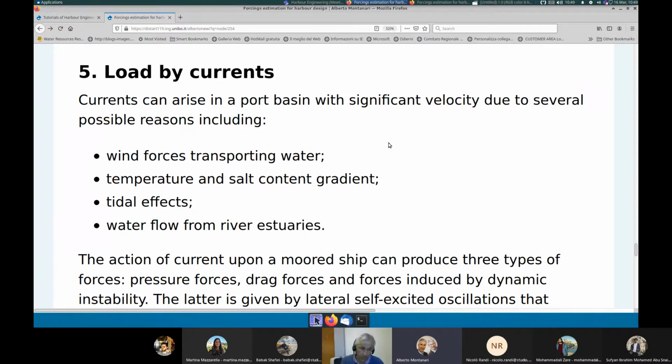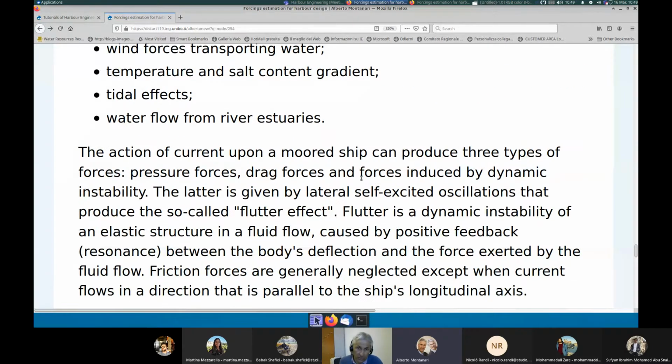Now, what kind of forcing may a current produce against a ship? Three types of forces. Pressure forces, because of course you have pressure of the current against the ship. Drag forces, drag means friction, okay? And forces induced by dynamic instability. What is dynamic instability?